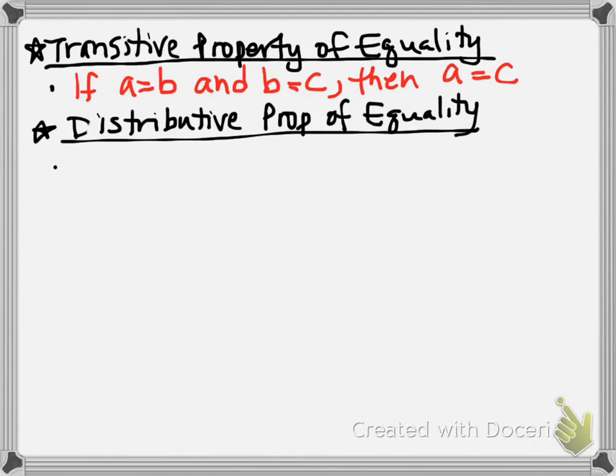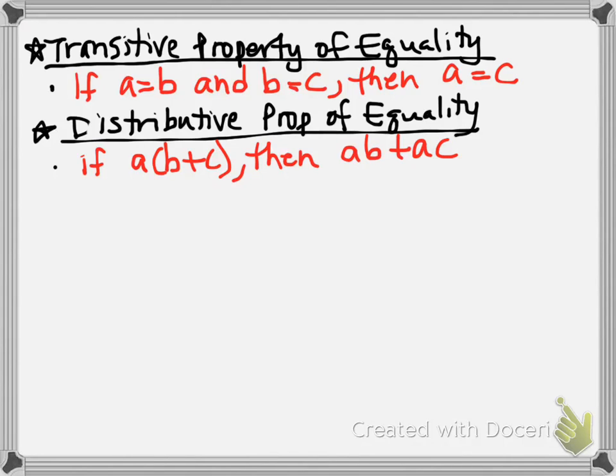And that one states if A, we have this, then we can also look at it as the product AB plus the product AC. Okay, so we can remove parentheses using the distributive property. We can factor using the distributive property. We can collect like terms through the distributive property. All right, so those are all the properties of equality.